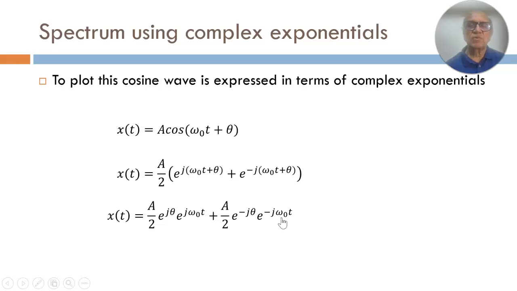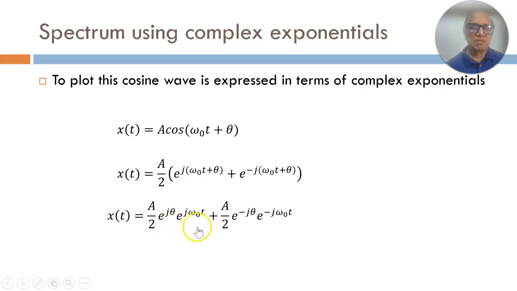Understand that this is only an artificial mathematical concept. Physically, of course, you cannot have a negative frequency. What we have done basically is we have considered two complex quantities and added them in order to get a real signal. That is why you get the concept of positive and negative frequencies.